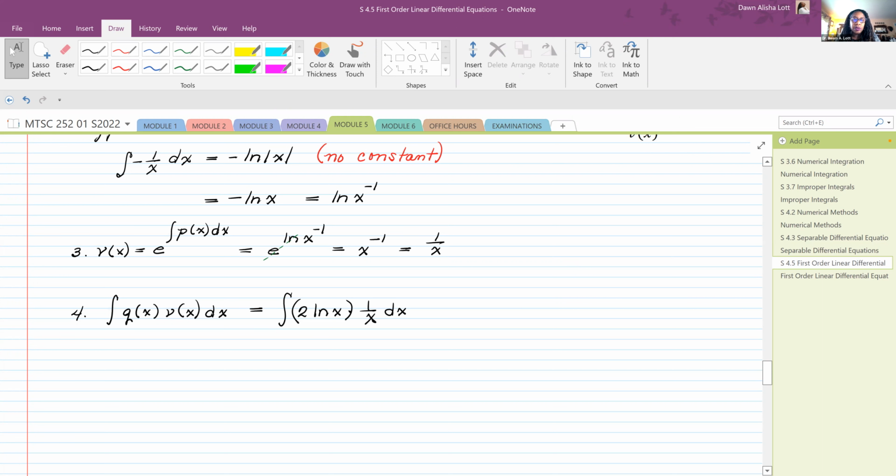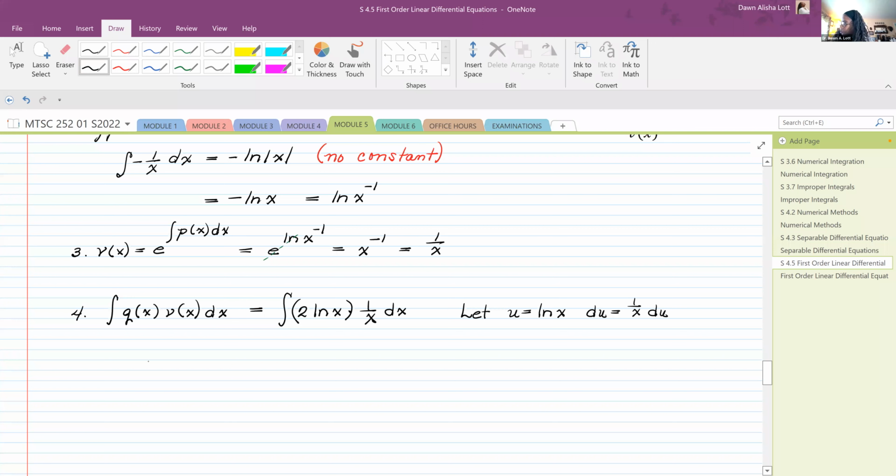Okay, so we need to do something that's actually a lot simpler than that. I see a function and I see its derivative sitting right next to it. So this is prime for what technique? Use substitution. Okay, so what is u going to be? Natural log of x, and du is 1 over x dx.